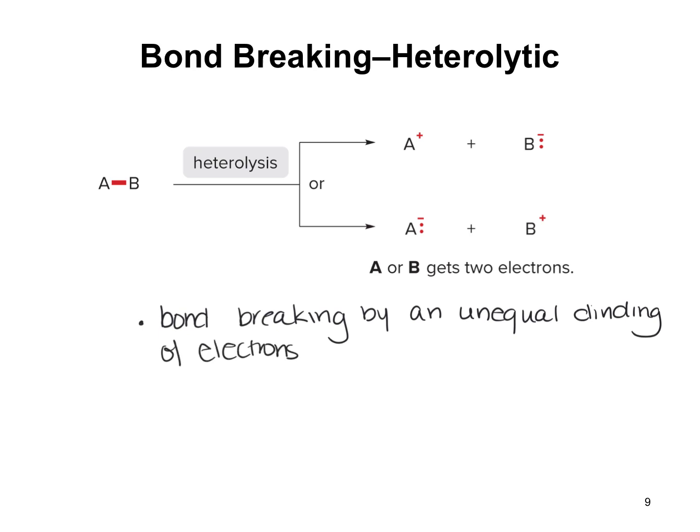When these atoms have different electronegativities, the electrons end up on the more electronegative atom.